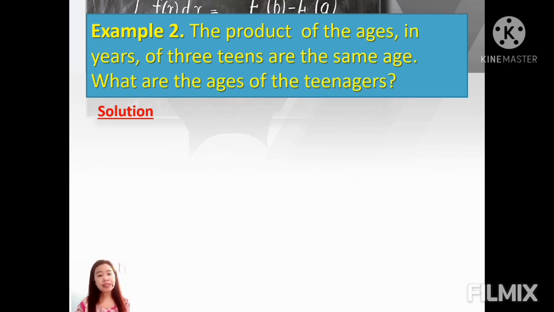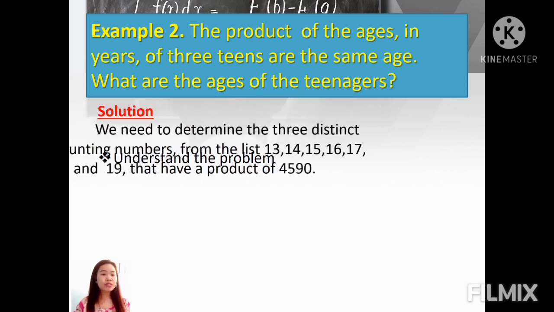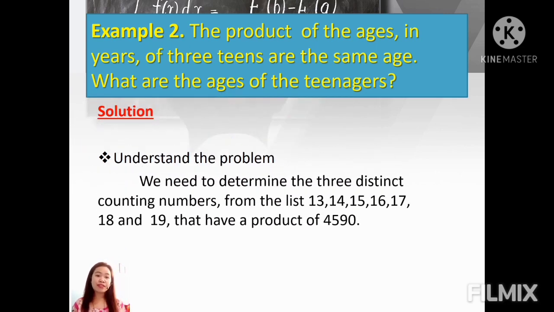Now, when we say teens, saan lang mag-start yung numbers? So, dyan na papasok si understand the problem. So, we have to determine ano yung mga numbers in the first place. Now, since teenagers sila, of course, we only have 13, 14, 15, 16, 17, 18, and 19.